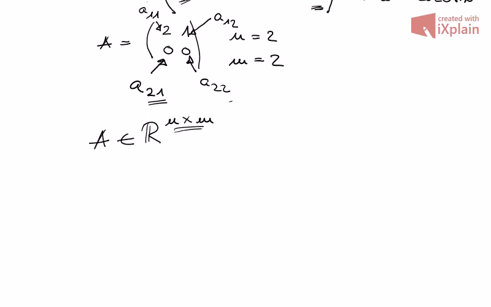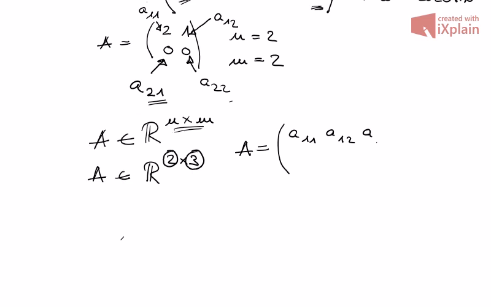So for example, if I write something like this, what you should think of is, okay, A has 2 rows and 3 columns. So in general it looks like this: A_1,1, A_1,2, A_1,3, so 3 columns and 2 rows, A_2,1, A_2,2, and A_2,3.